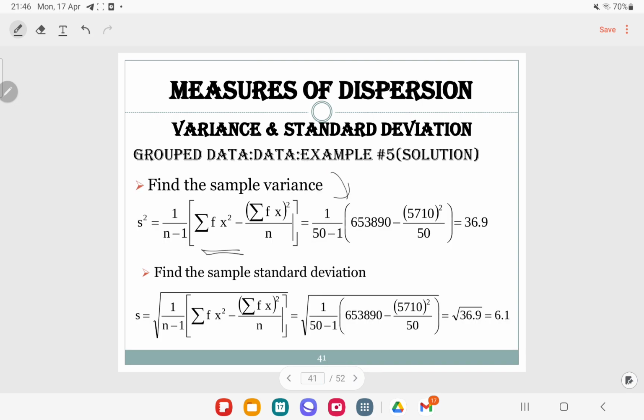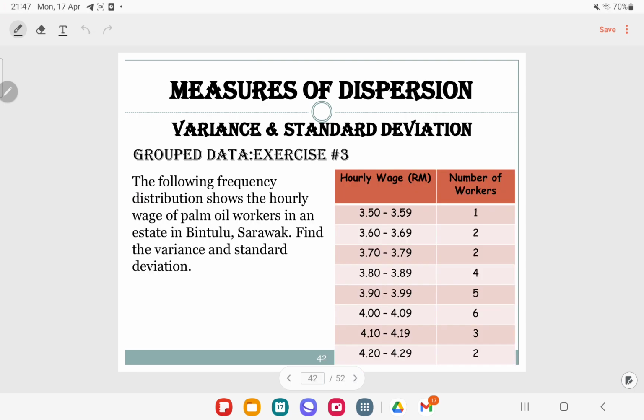The formula is still the same. You can use either the first one or this one. You can use this formula and also the first formula that I mentioned earlier, but commonly students will use only this formula.